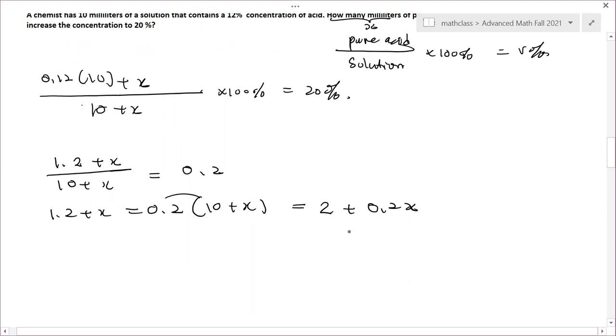So now you move this term to the left, so x minus 0.2x equals 2 minus 1.2.